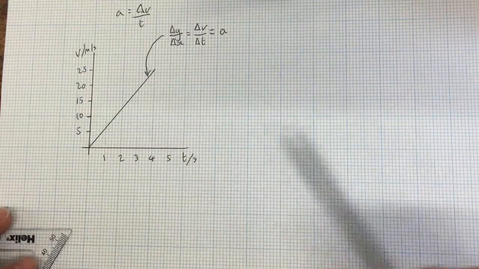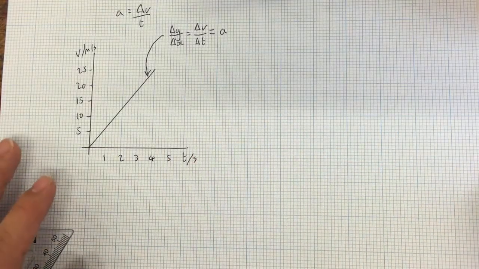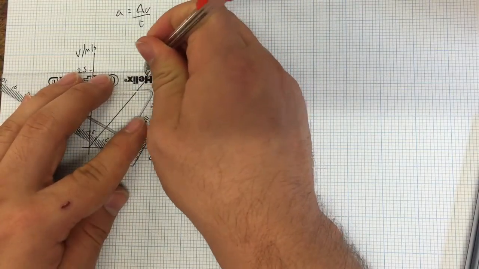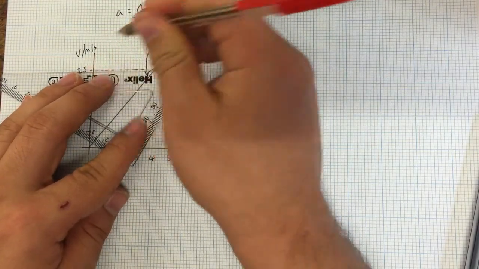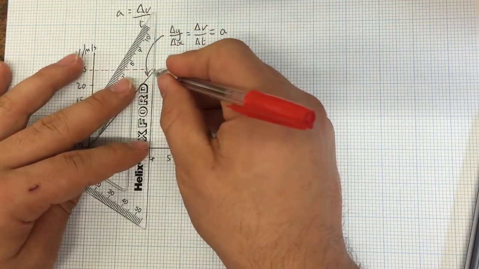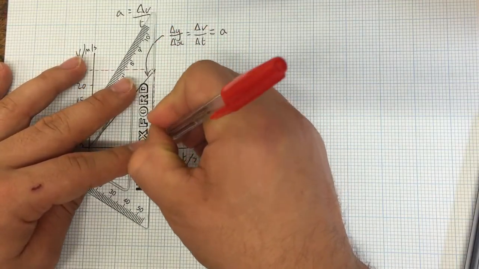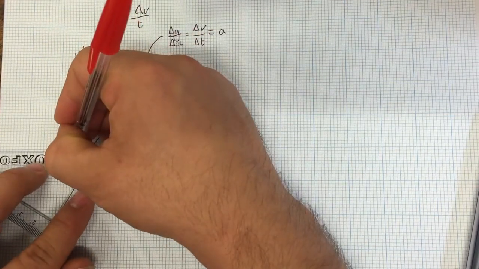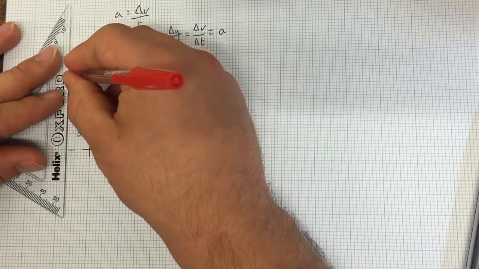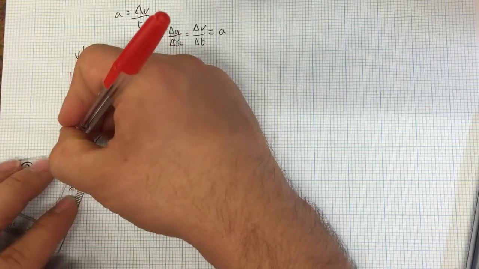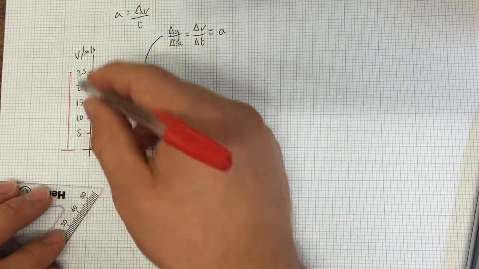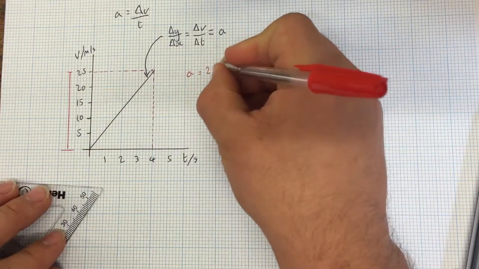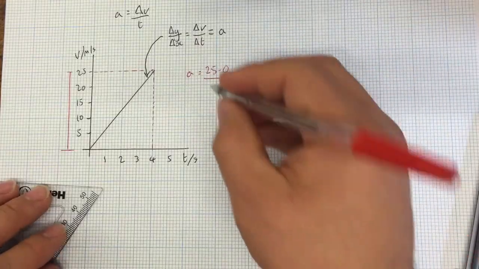So to calculate it for this example, I have to work out the change in y. So I look at how tall my line is, and I look at how far along the x-axis it goes. So along the y-axis, it's gone from 0 to 25, so the change in speed would be 25 minus 0, or 25.